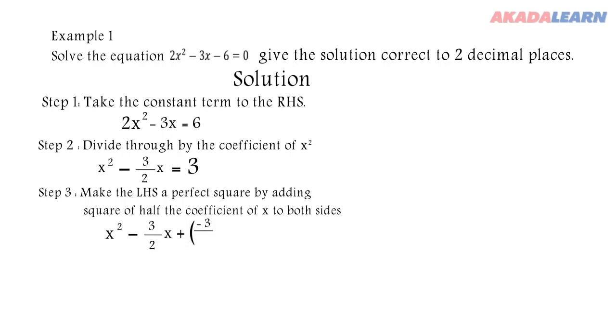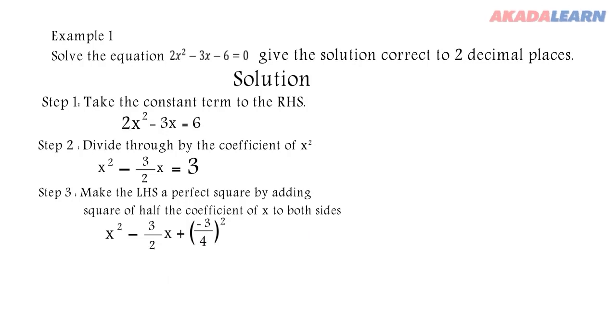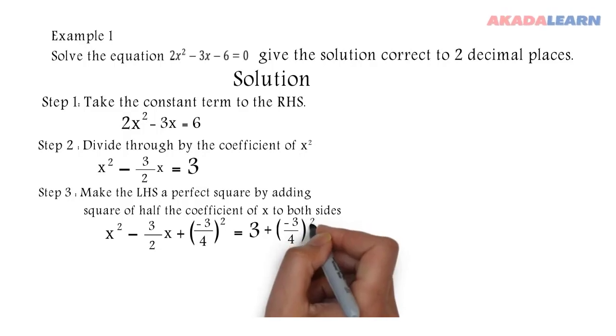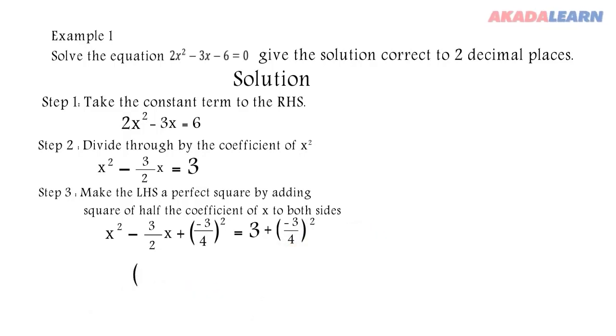So we'll have x squared minus 3 over 2 x plus minus 3 over 4, the square of it, that is raised to power 2, equal to, going to the other side of the equation, 3 plus, we'll still add the square of minus 3 over 4. Now the left hand side is a perfect square, and when we factorize that, we open our bracket, x minus 3 over 4, we close our bracket and we square.